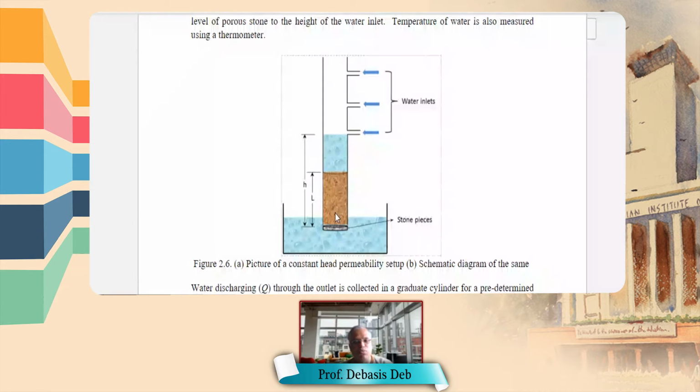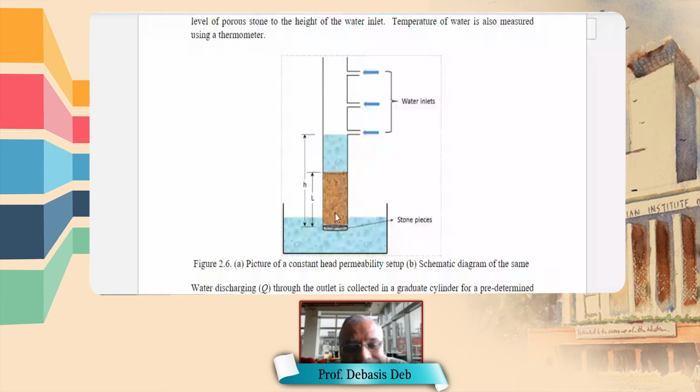It may be whatever material we want to test the hydraulic conductivity of. So it may be soil, it may be sand, it may be coarse grain, any conglomerate, it may be anything.